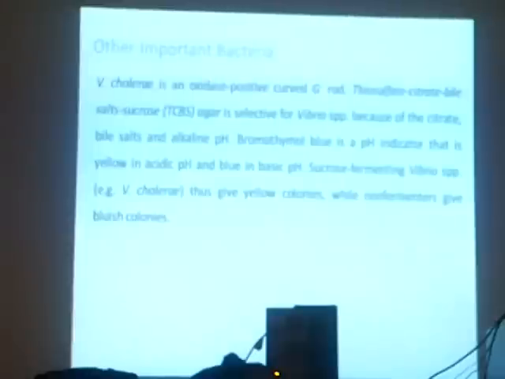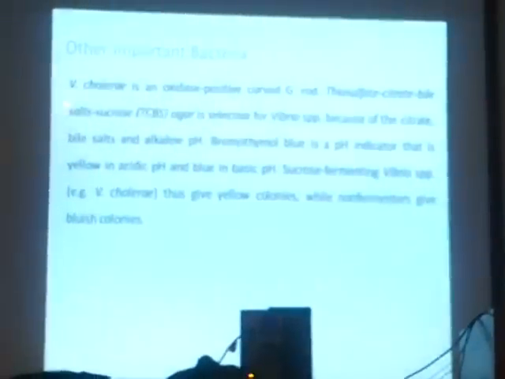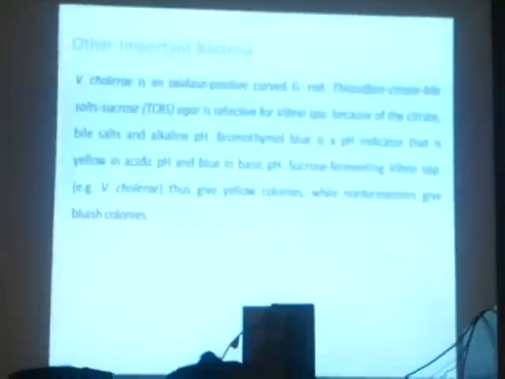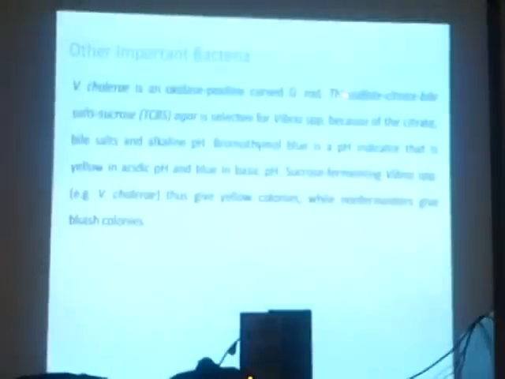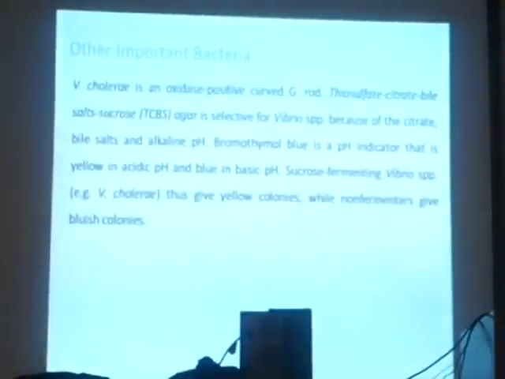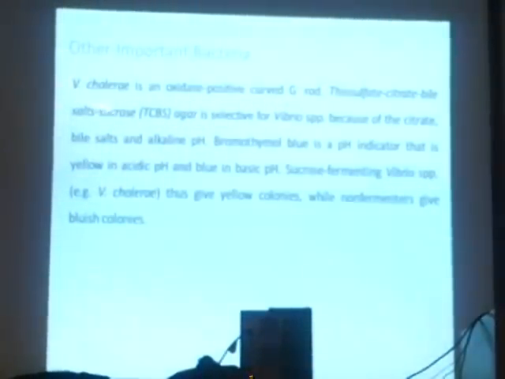It inhibits many other gram-negative bacteria. Citrate and bile salts are inhibitors, so they make the medium selective. Thiosulfate, ignore it, because there is an H2S system, but we will not talk about it here. And sucrose. Please concentrate on sucrose.